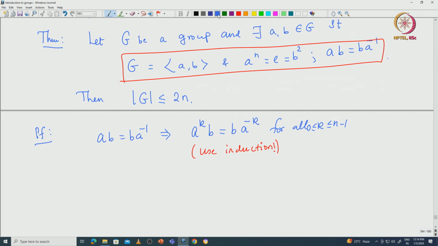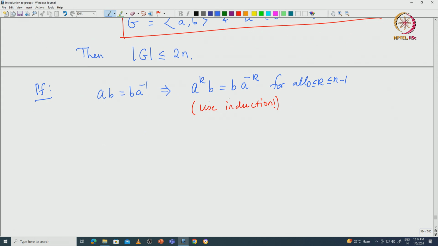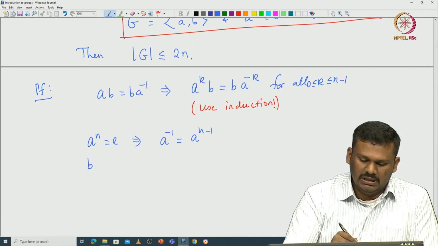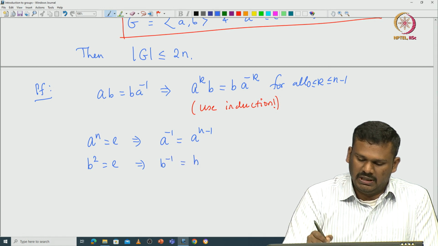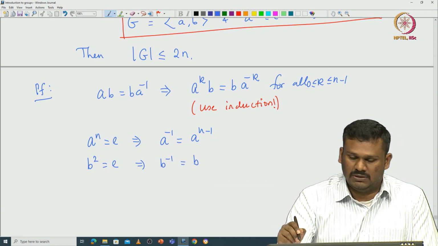Using this you can see that whenever you have some a^k b, that can be replaced by b a^(-k). But note that a^n being identity tells you that a inverse must be a power of a, which is a^(n-1), and similarly b² identity tells you that b inverse must be a power of b, which is b.